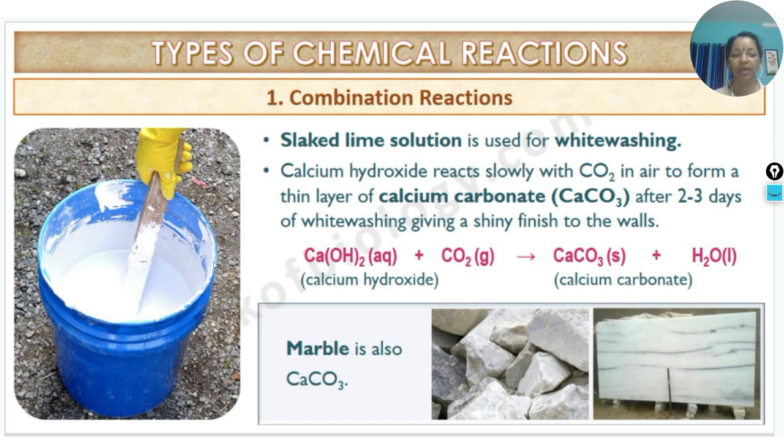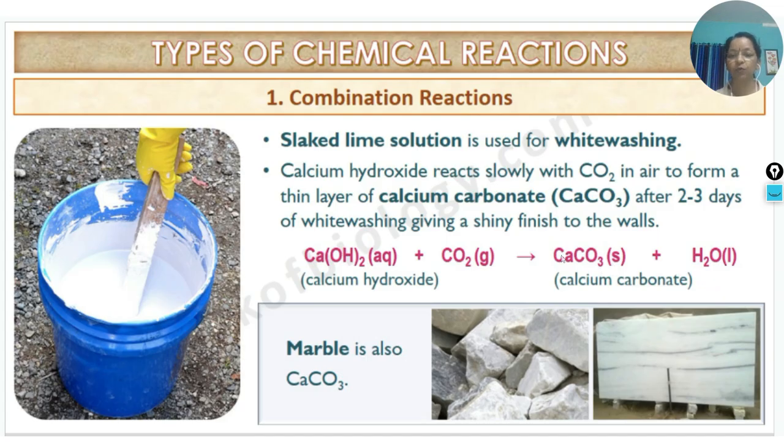When we apply this paste on the walls, it absorbs carbon dioxide from the atmosphere and reacts with carbon dioxide to produce calcium carbonate, which is a shiny substance, so it gives a shiny finish to the walls after 2 or 3 days.